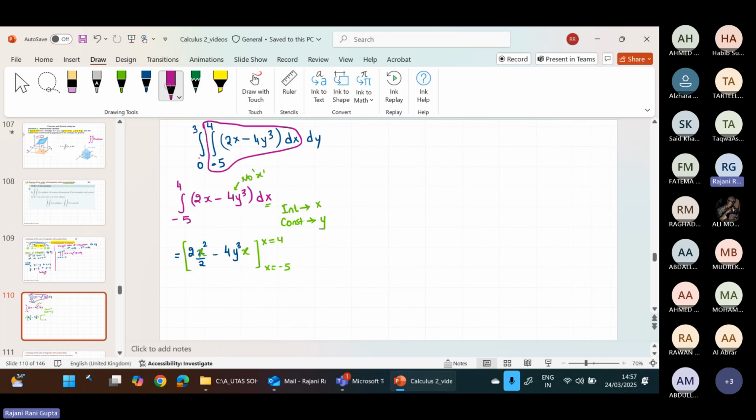You can cancel the 2. So this gives you 4 square minus 4y cube into 4, minus of minus 5 power 2 minus 4y cube into minus 5. Okay. It's okay if you don't write. Please focus on understanding this because I'm going to share these slides with you in the chat.